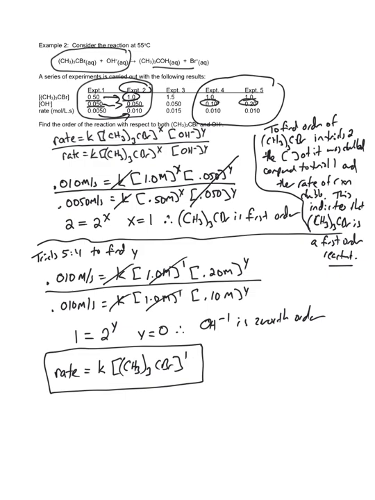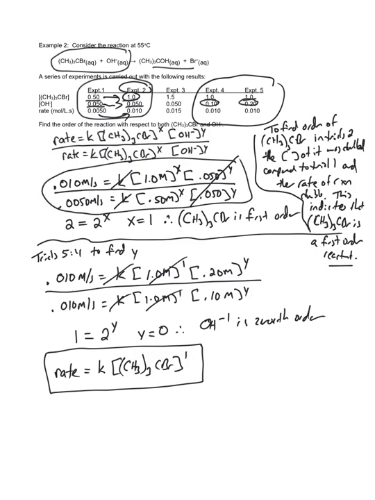Therefore, if I double the concentration of one of the reactants and the rate doubles, it must be first order. But in order to receive that through explanation, you have to give that type of detail. And if you're worried about not being able to provide that type of scope and detail, then it's recommended to go ahead and do the rate law of 2 of the trial comparisons and do it mathematically.